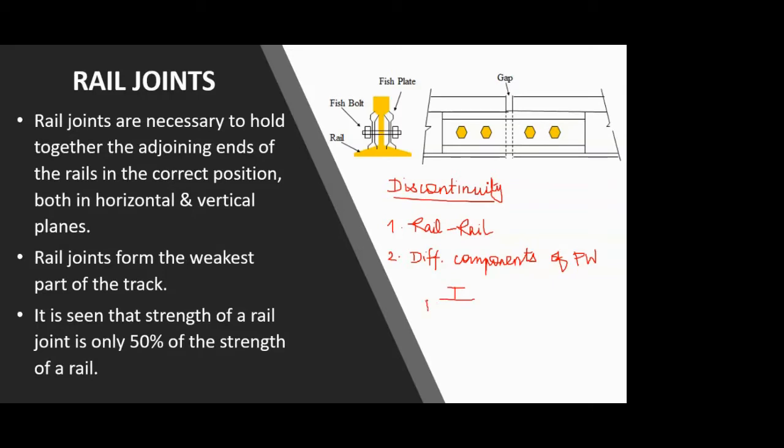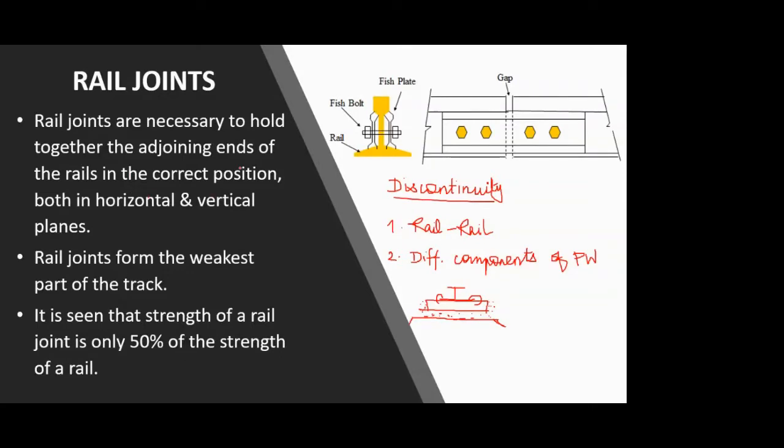This is a rail which is placed on a sleeper, and that sleeper is packed with some ballast which is all around your sleeper, below and around as well, and then it is resting on a subbase or a subgrade or a formation, and these rails are connected to your sleepers with the help of fixtures and fastenings. So there are different components. If I am joining two different components, that's the discontinuity in my system, because it's not homogeneous.